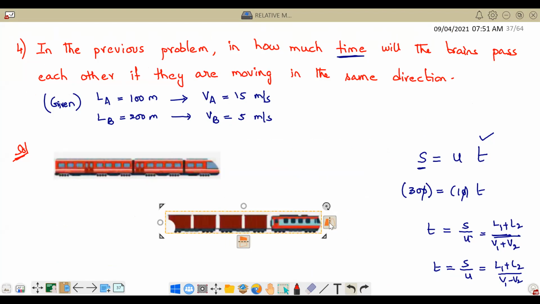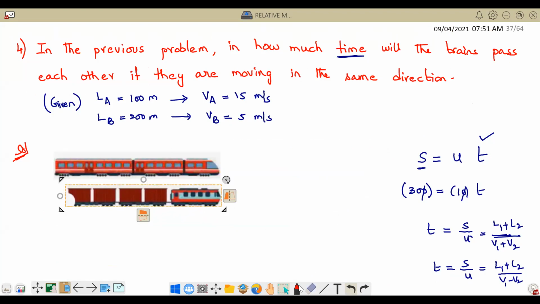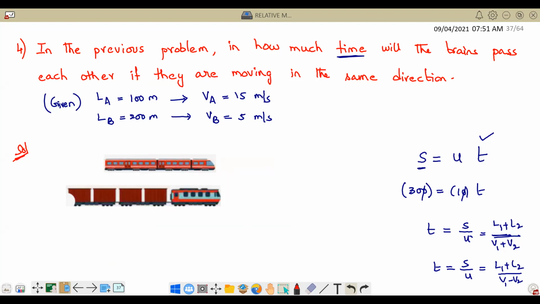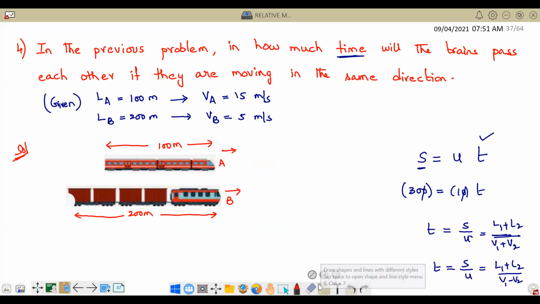First one is 100 meters, train A, and the second is 200 meters, train B. This is moving with the speed of 15 meters per second, and this is moving with the speed of 5 meters per second. So, is this diagram correct?